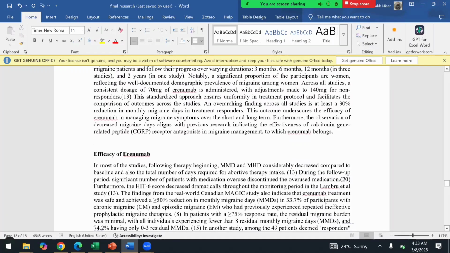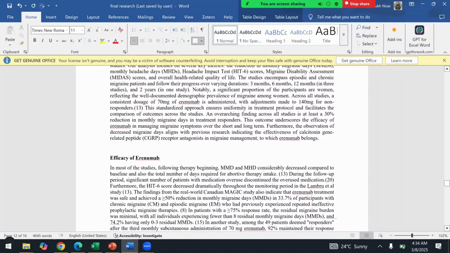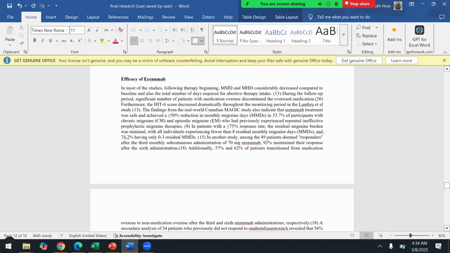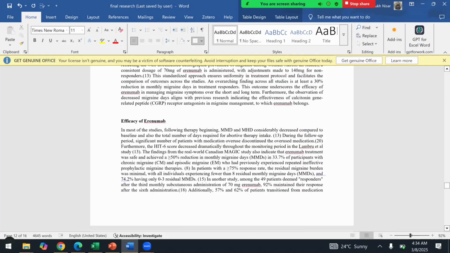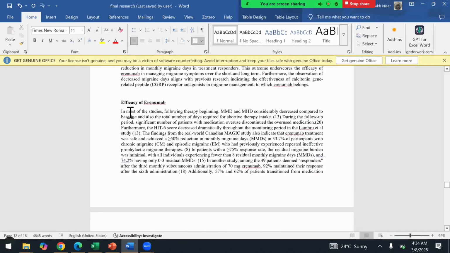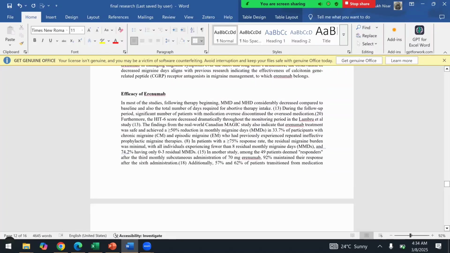And these are the subheadings. For example, efficacy, and then you would write the results of all the articles under this subheading, and then you would give the citation. You would put the reference here. After each line, other than the introduction of the discussion, when you are talking about the results of the studies, you have to have a reference after each line.